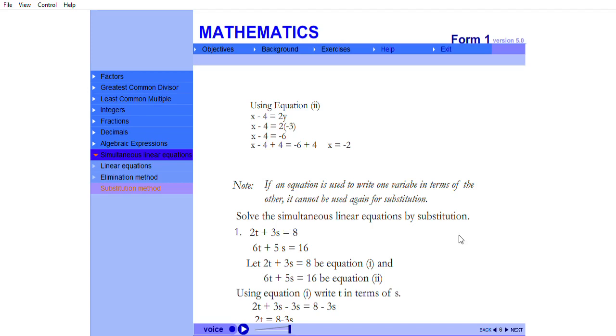Using equation 1, write t in terms of s, which gives 2t over 2 is equal to 8 minus 3s over 2. T is equal to 8 minus 3s over 2. Let this equation be equation 3.